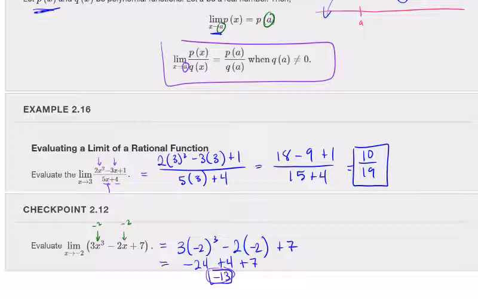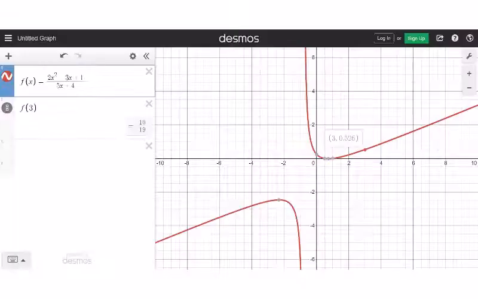All right, and just to check if this works graphically, this is what the function looks like. This function isn't continuous everywhere, right? There is an asymptote right here, but it is continuous at 3. At 3 right here, we can approach from the right, we can approach from the left, and we end up at that same point, which is f of 3.